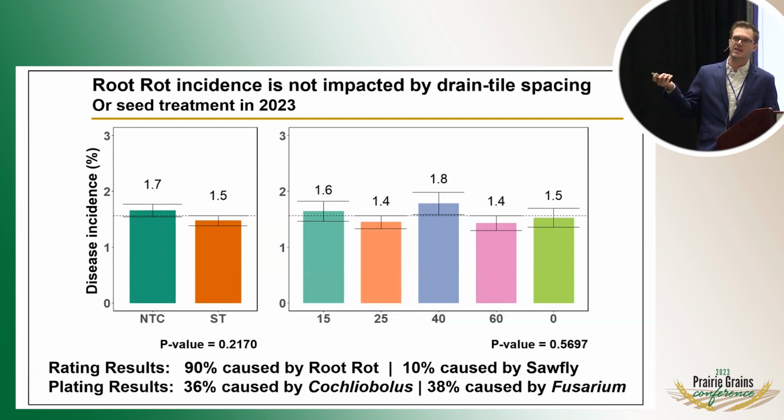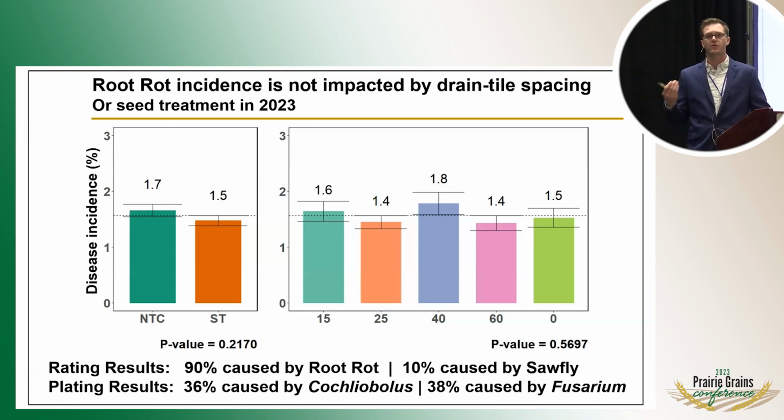And then 10% of those actually seemed to be caused by sawfly, just those white heads that would be pulled up. But really, a 1.5% incidence compared to a 1.7% incidence is a slight difference, but that is a very small number still. So even though we increased that inoculation rate, we really didn't see a lot of disease out there this year. And there are some differences between the drain spacings, but really nothing significant.